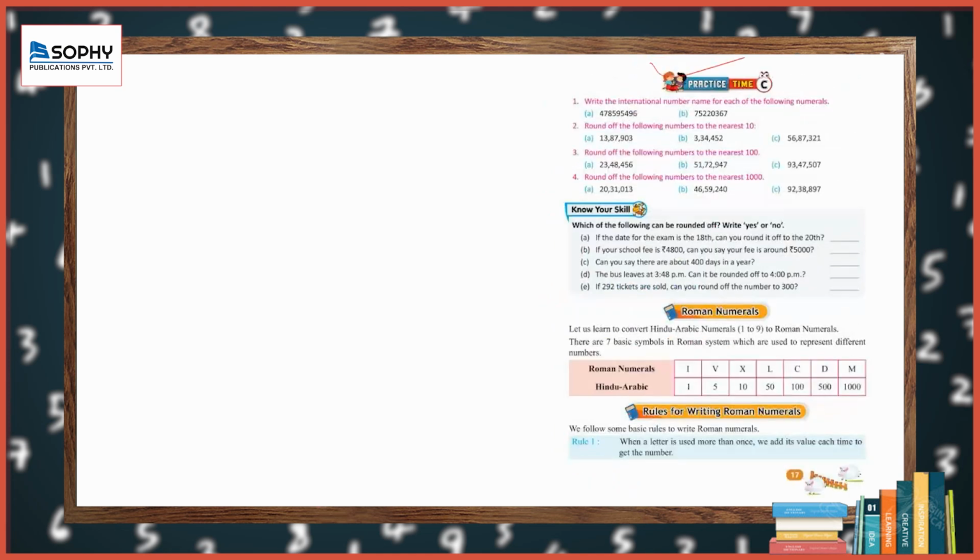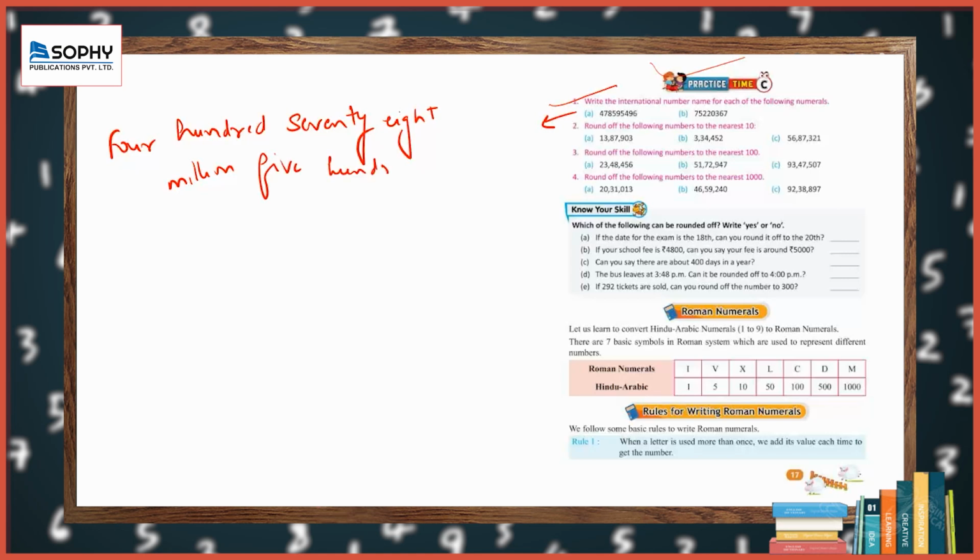Let's look at practice time C, students. In the first one, we have to write the international number name for each of the following. So what will be the international number name, students? Very good. That is 478,595,000.